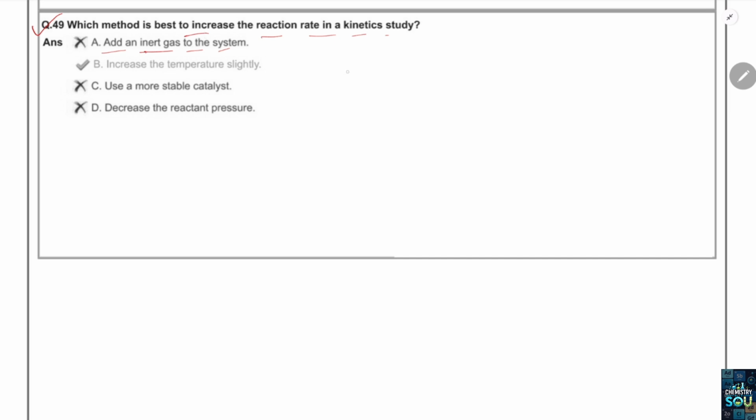So the pressure of the reacting gas is decreasing. If you add an inert gas at constant volume, there will be no effect on the rate. Increasing the temperature slightly, yes, that will increase the rate. According to the Arrhenius equation, k = A e^(-Ea/RT). So if we increase the temperature, the rate also increases. So option B is correct.